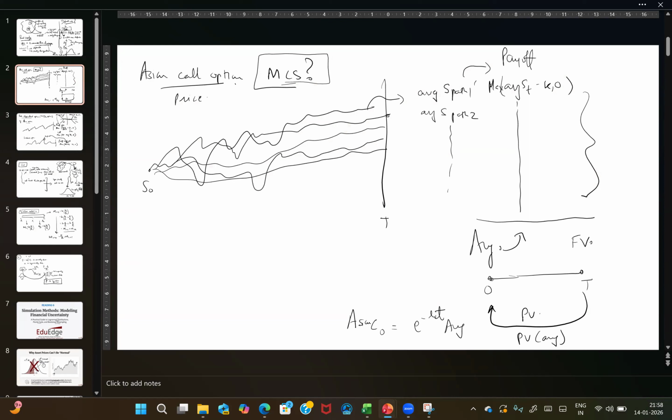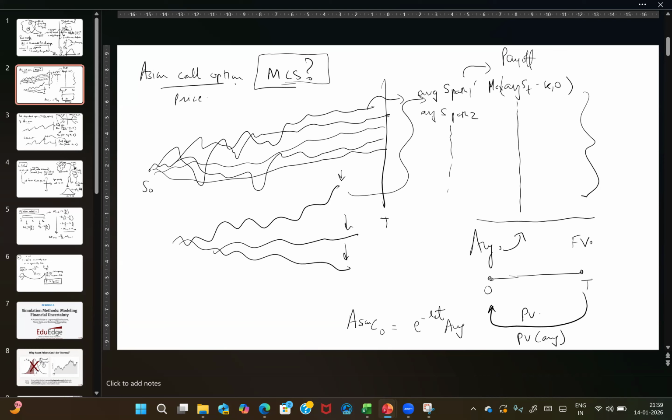Generally, you're going to assume equal likelihood of all these paths. Whether the stock is going here or here or here, the way Monte Carlo simulations work in finance is you assume equal likelihood of all these paths and give them equal weightage in your payoff function.